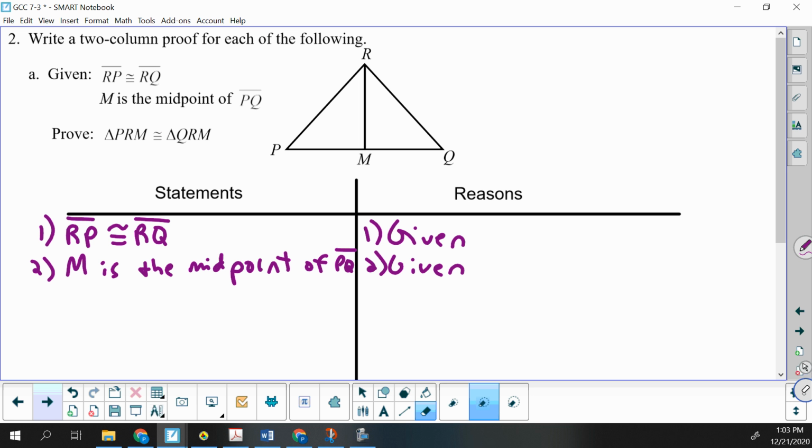Well, let's look at our givens. We are already given that one set of things are congruent, so let's mark that up in our picture. We've got RP congruent to RQ. So we've used our first given. We've got midpoint as our next given. Great, we automatically know what should go as our next reason. If we see midpoint, we should automatically write midpoint implies two congruent segments.